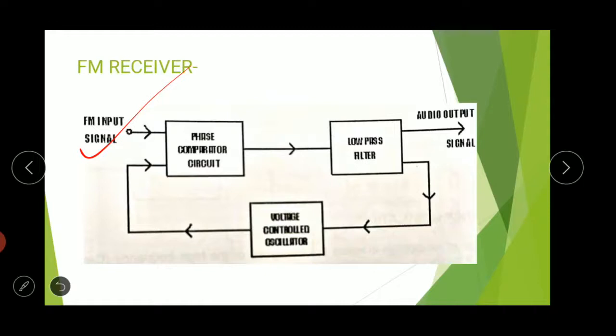This demodulator circuit uses a phase comparator circuit. It is a very good demodulator and has the advantage that it is available as a self-contained integrated circuit, so there is no setting up required. We just plug it in and it works.